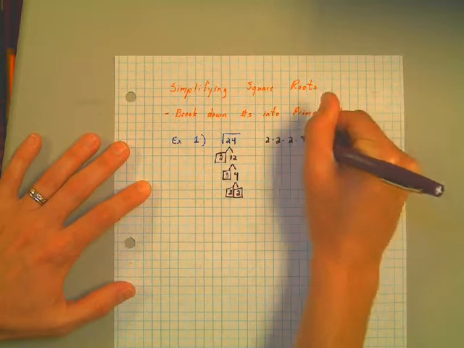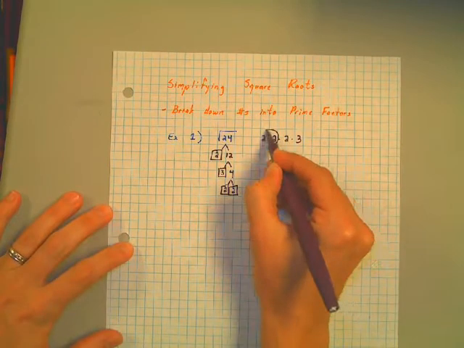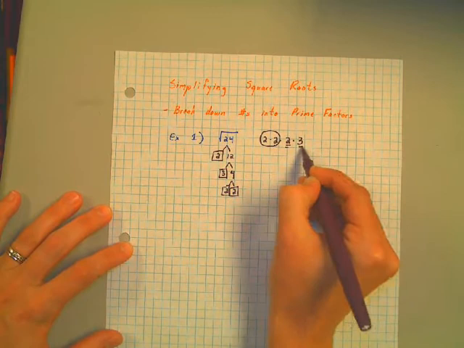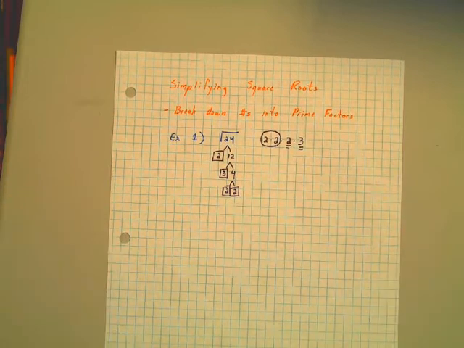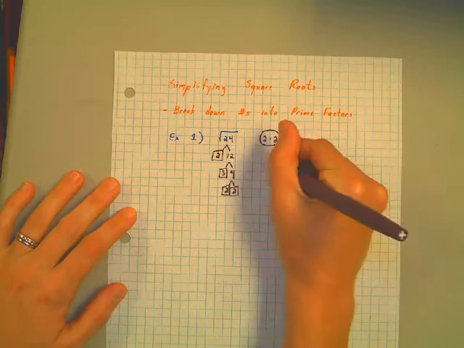Now this has always been my trick. If it's a double, if you are on a date, that means you get to go out. So I always circle my doubles, and then I underline my singles. My singles stay in, and my doubles go out. Right now I have a double 2, so that's going to go outside the square root.